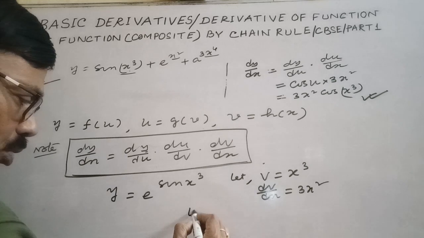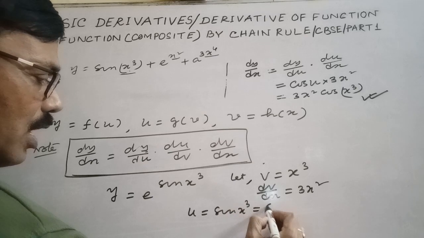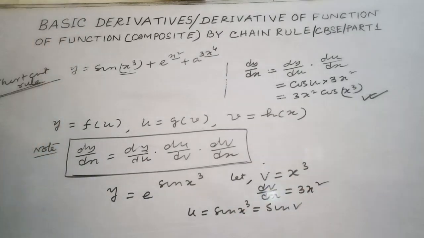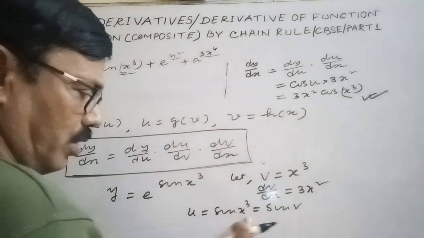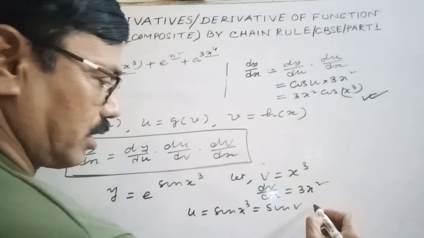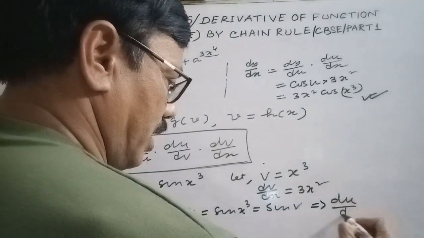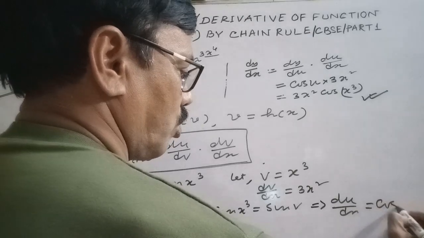Now, u equals sin x^3 equals sin v. So, what is du/dx? This implies du/dv equals cos v.